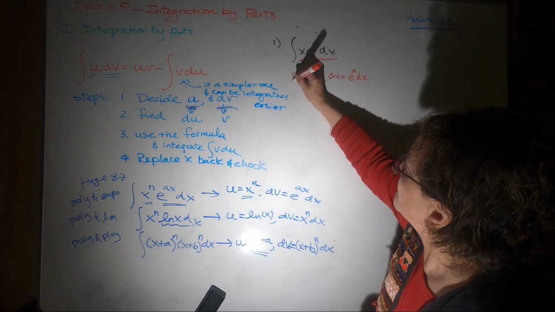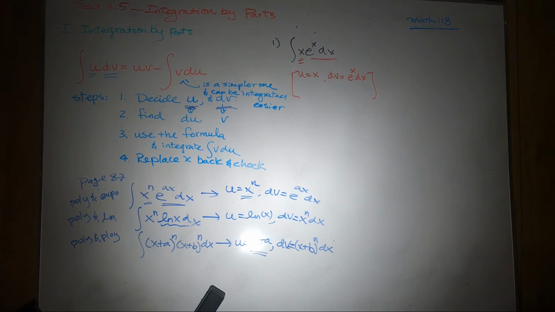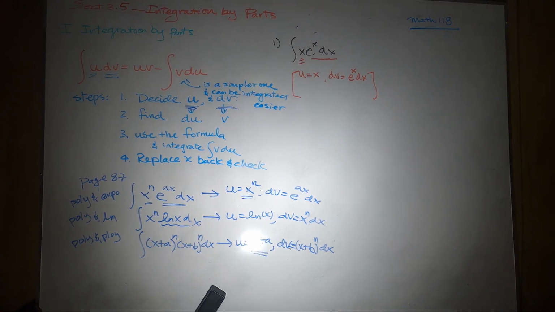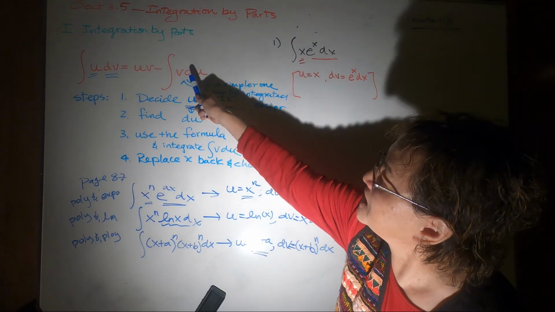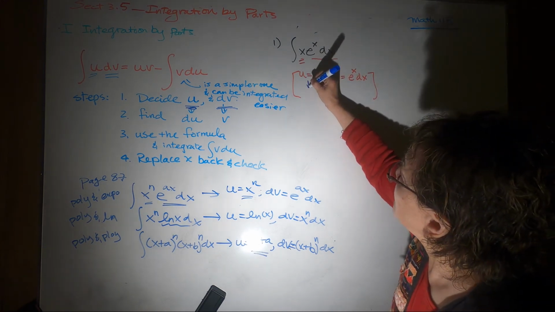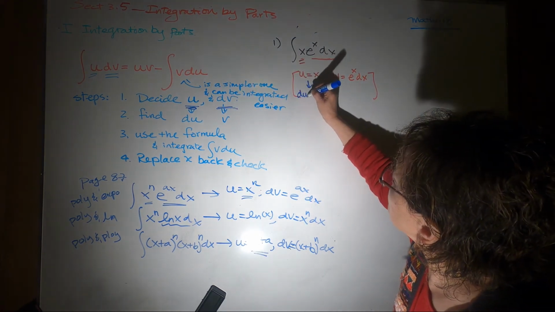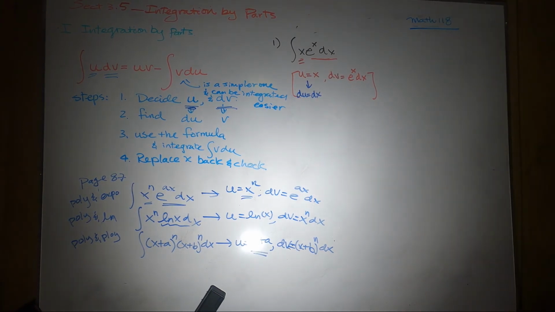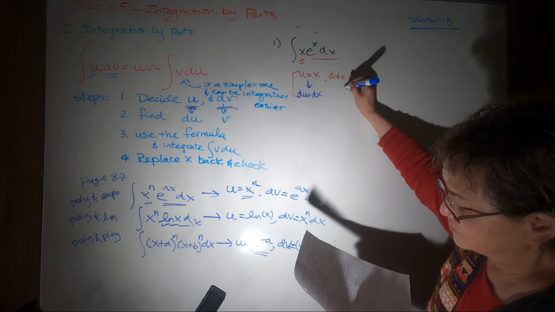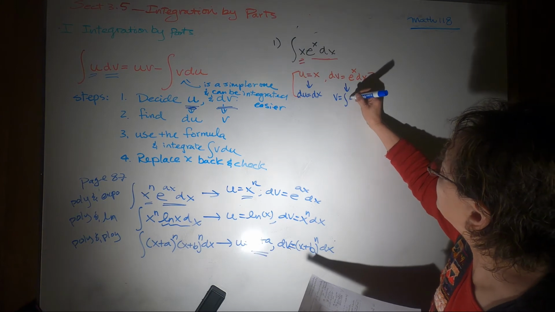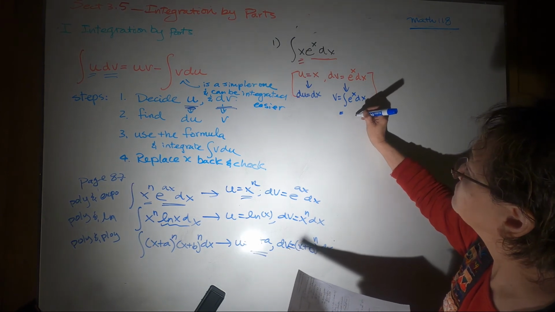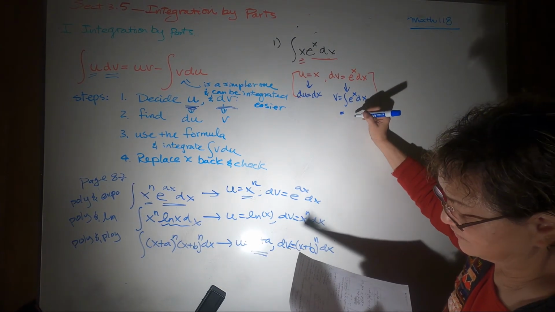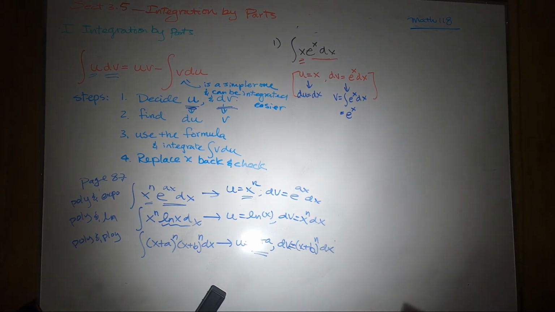Then I have to find v and du, right? Du is dx, you take a derivative on both sides. Then v will be the integral of this, you take the antiderivative, which is e to the x. Is that right?